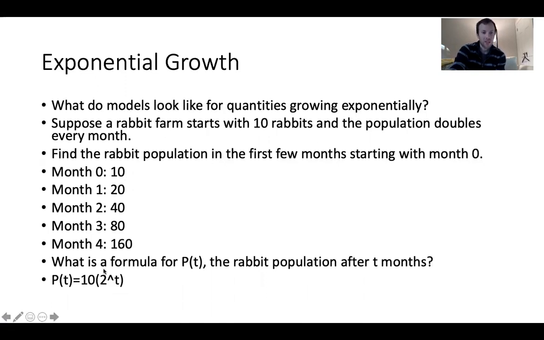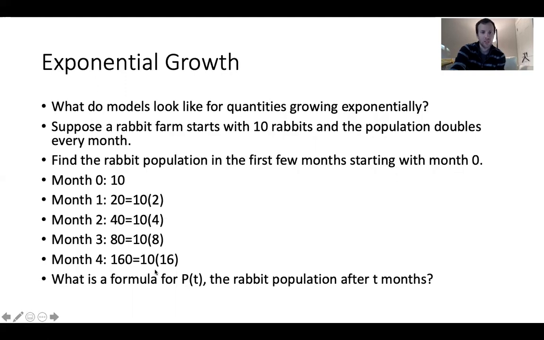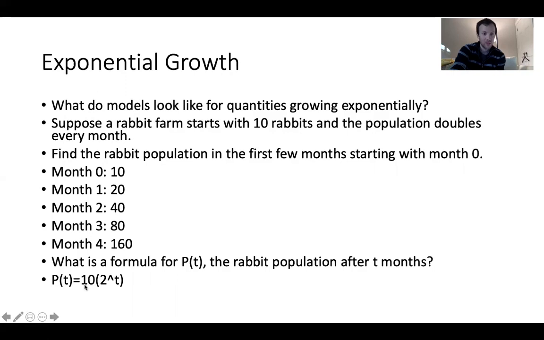So the pattern in here is there's always a 10, and then we have powers of 2, with the power being which month we're on. So 10 times 2 to the t is the formula for this exponential growth.